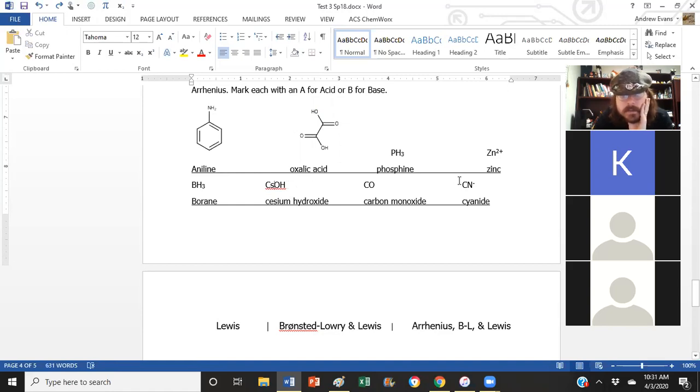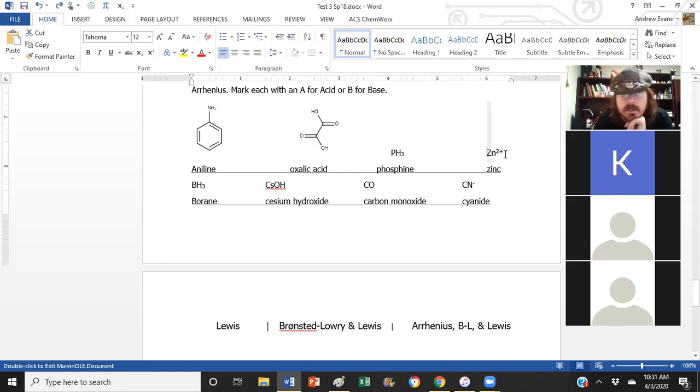Now, cyanide is the conjugate base of hydrocyanic acid, so that could easily take a hydrogen. That's going to be a Bronsted-Lowry base. Aniline, NH2, can easily accept a proton to become NH3 plus. So that's also a Bronsted-Lowry base.